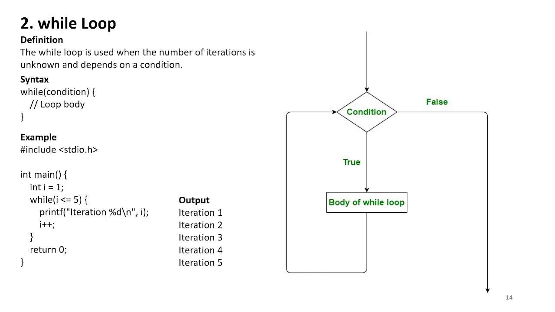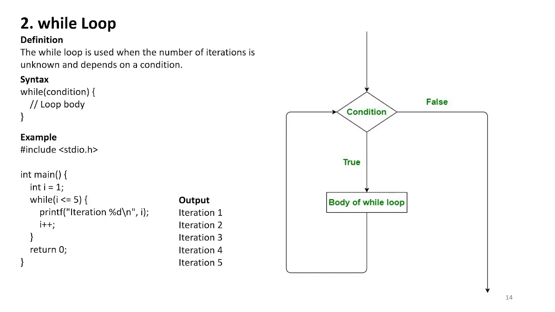Let's say there are unlimited balls, and you are passing balls through a machine, but there is n number of balls, not a fixed number. The condition is given that whenever a green ball is encountered, then stop that loop. So that is the thing.